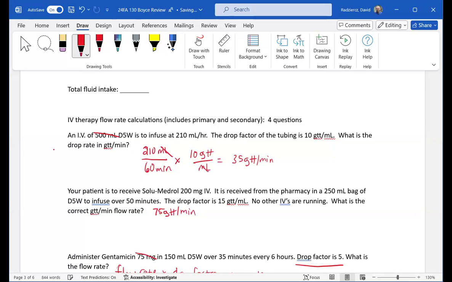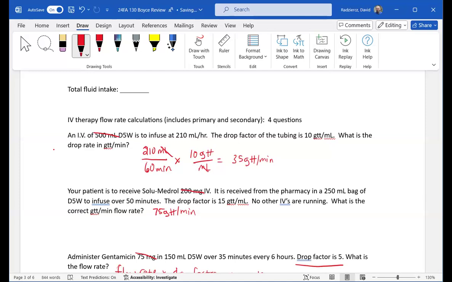Now this one's very similar to the gentamicin question. So it tells you Solu-Medrol 200 milligrams IV. That's great. We know what medication they're on, but it doesn't help us out with flow rate, right? So when I'm calculating a drop rate, I need to know two pieces of information: flow rate and drop factor.